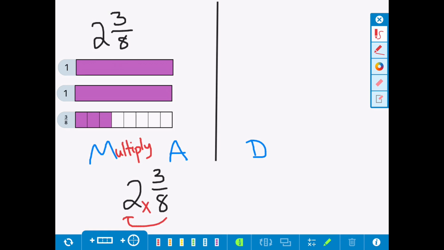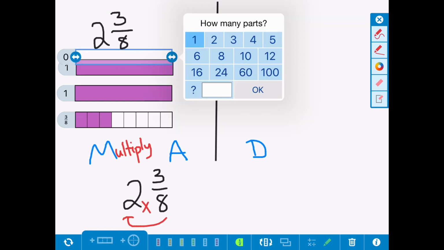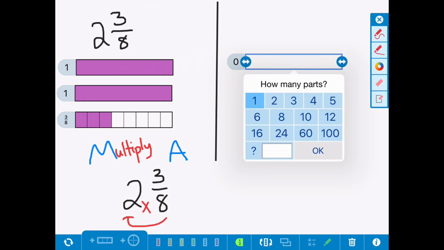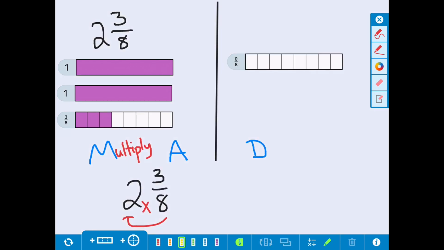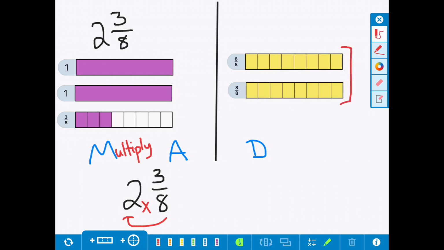And here's where that is in our work on the side. I'm going to cut it into 8 because that's what the denominator means. I'm going to color in all of those parts. Here is 8 times 2, right here. 8 times 2.